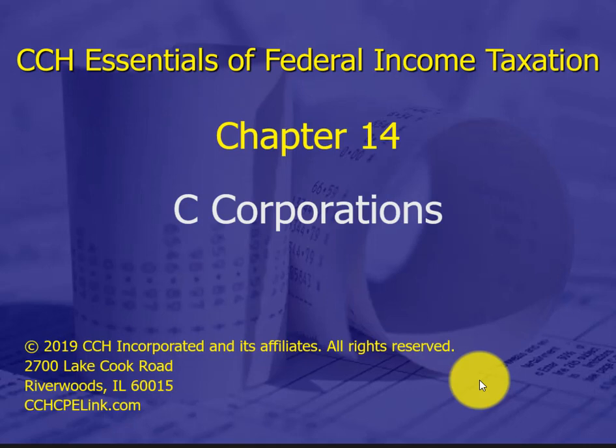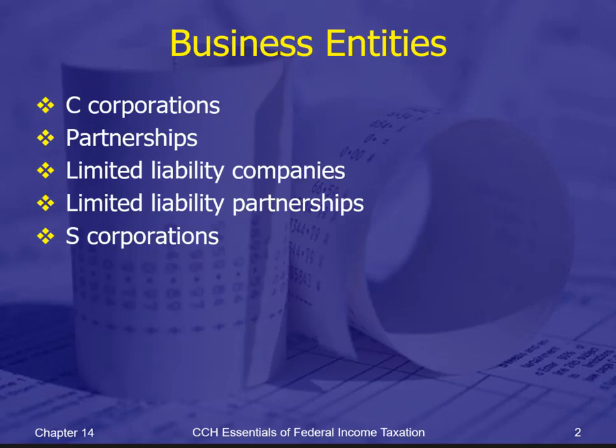We've now switched from individual taxation to business taxation for the last 3 chapters of our textbook and the last couple weeks of our class. So, business entities that we might consider: C corporations. This is what we're going to talk about in Chapter 14.